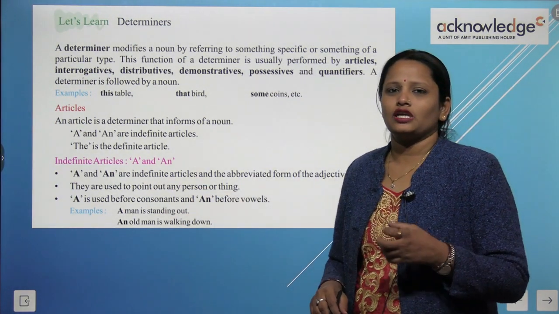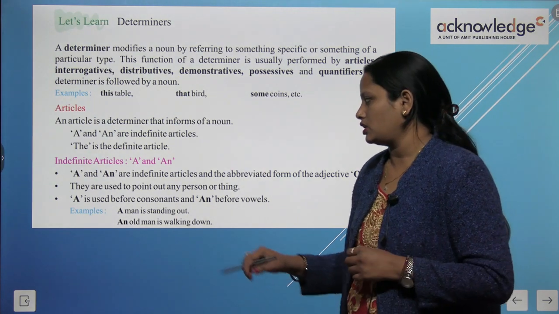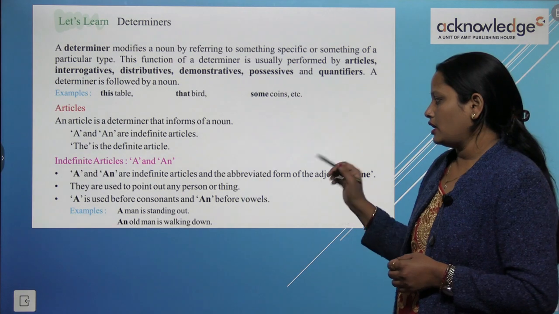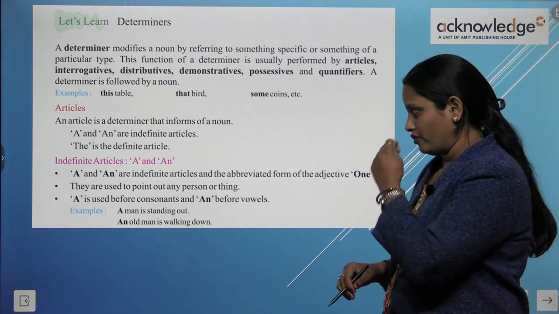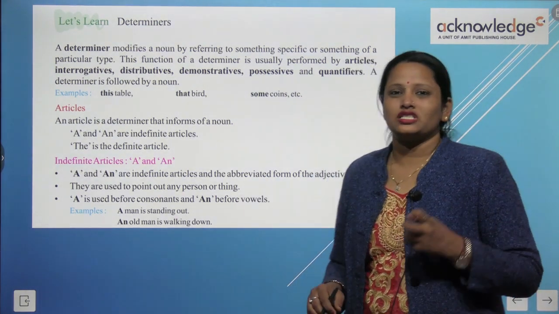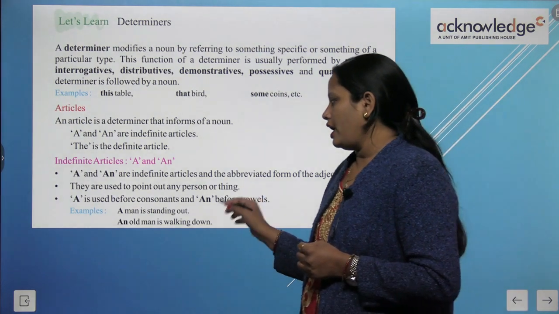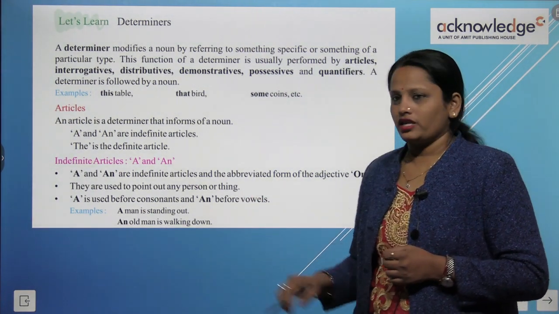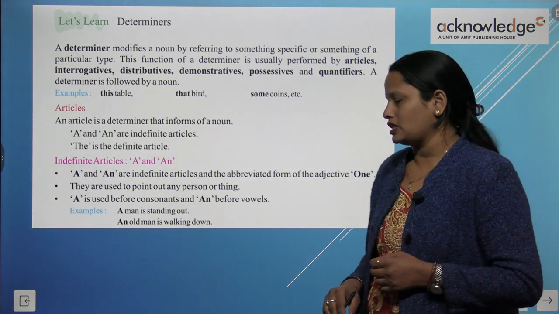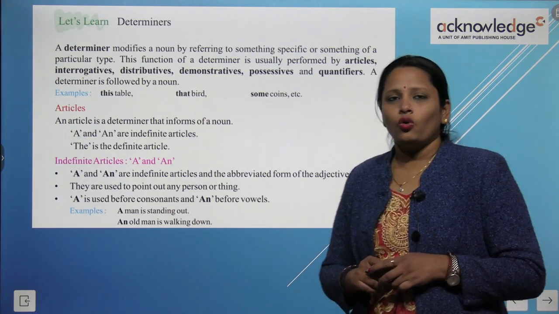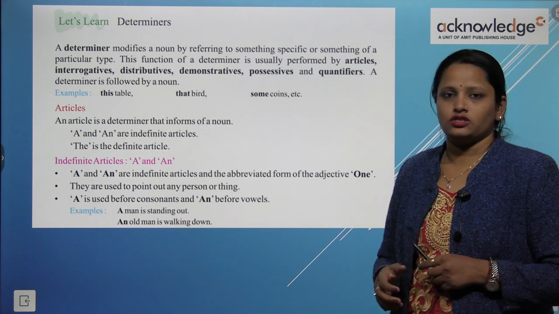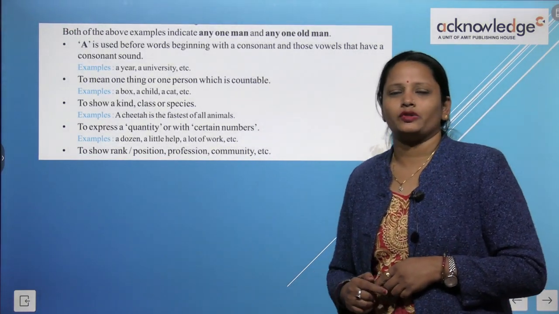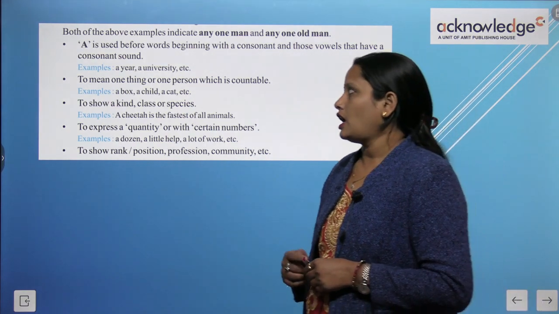A is used before a consonant and an before a vowel sound. For example, a man is standing out and an old man is walking down. These are two examples of a and an.